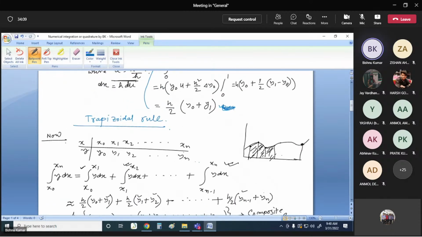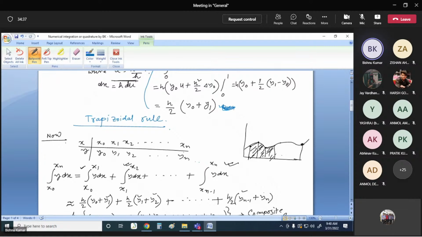The logic is, suppose I am writing for n plus 1 points or n intervals. The loop is, suppose, for i equals 0, i less than n, i plus plus, and suppose the trapezoidal sum, T sum, equals 0 initially.